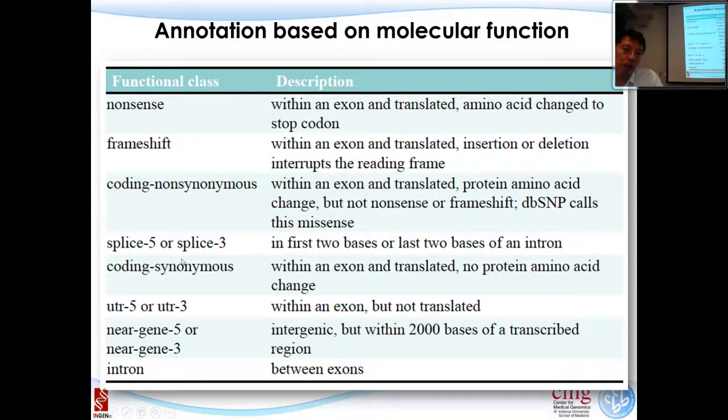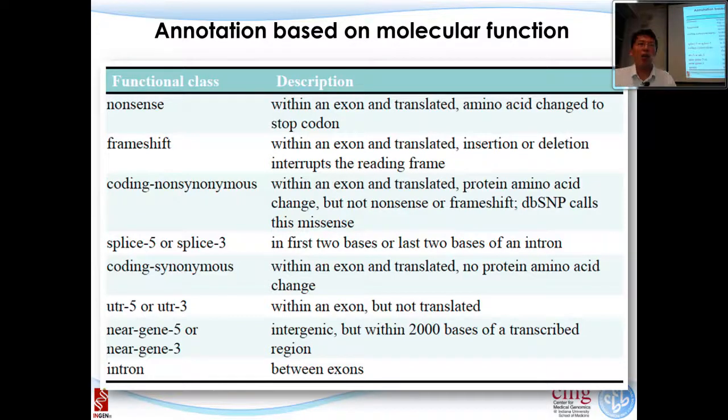Whether it will impact directly the splicing junction sites, because those are the regions that can possibly impact the splicing outcomes. And if it's in the coding region, in addition to non-synonymous SNPs, there are SNPs that could be synonymous, which means that they are not changing amino acid sequences. A lot of people will consider these variants as silent variants, which means they are not causing any harm because they are not changing the amino acid sequence.